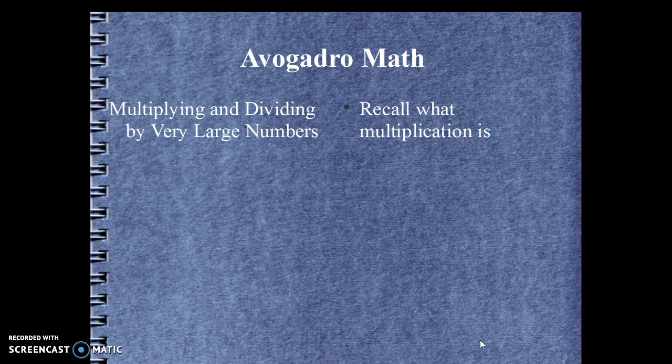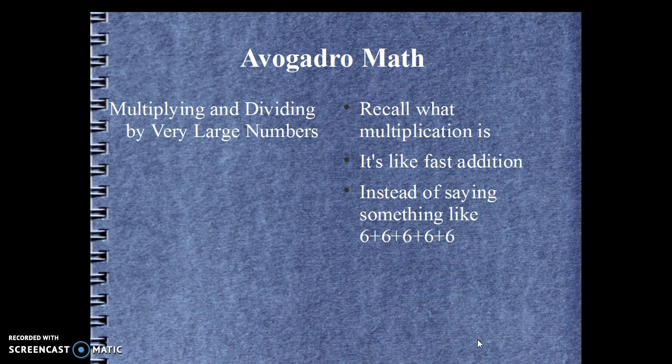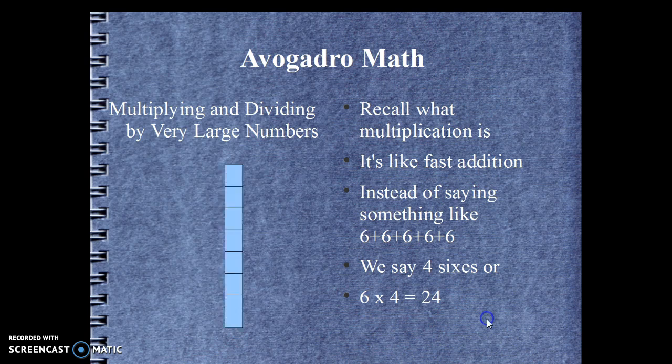So, recall what multiplication is. It's like fast addition. Instead of saying something like 6 plus 6 plus 6 plus 6, we say, for instance, 4 sixes, or 6 times 4, which is equal to 24.